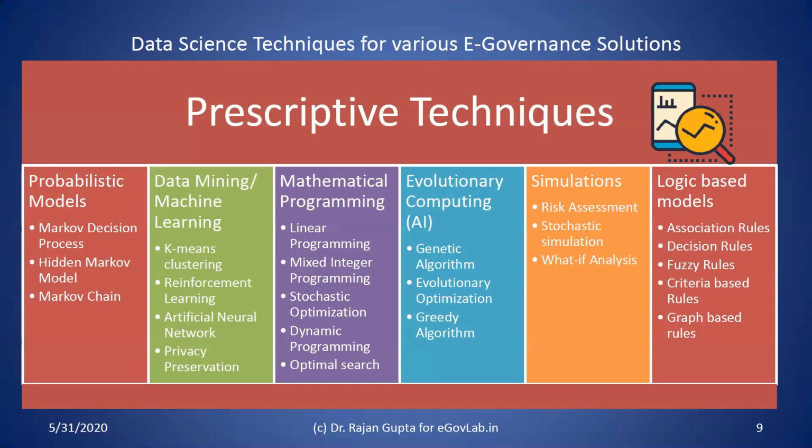Now, there is a set of prescriptive techniques that are used for various e-governance solutions. It is categorized under probabilistic models, machine learning or data mining models. It can be done under mathematical programming, evolutionary computing with respect to artificial intelligence. It can be done as simulations. It can be done as logic-based models.